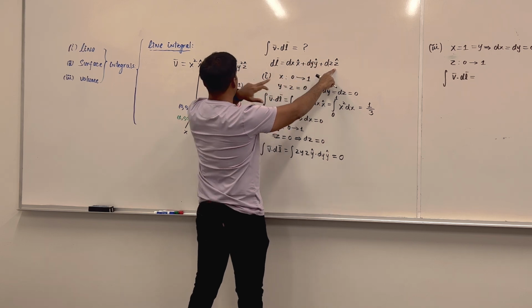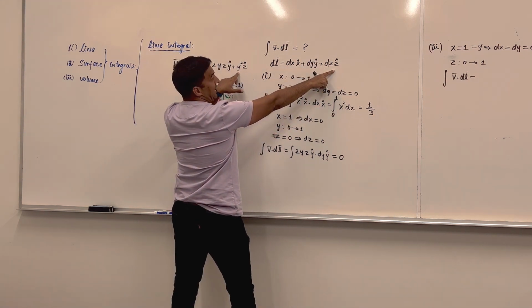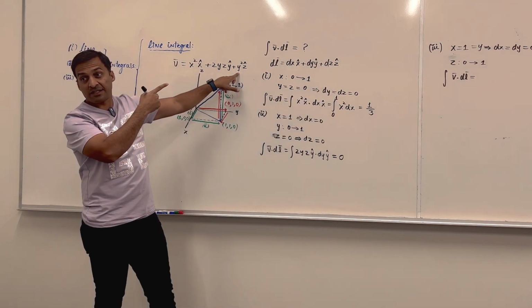It means that we take only the term with the z unit vector from v, and this has y squared, and y is 1.